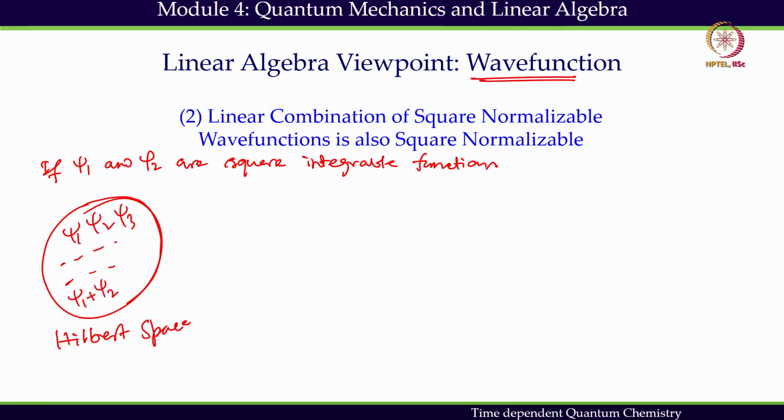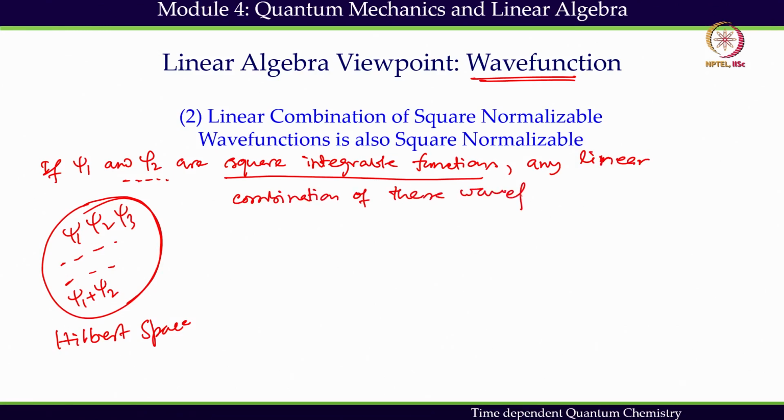So if psi 1, psi 2, dot dot dot, many other functions, all square integrable functions are living in the Hilbert space, any linear combination of these wave functions are also square integrable, square normalizable.